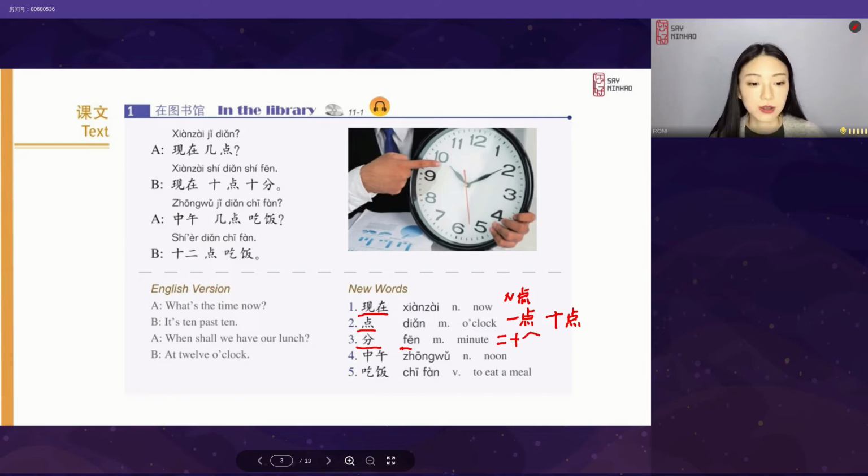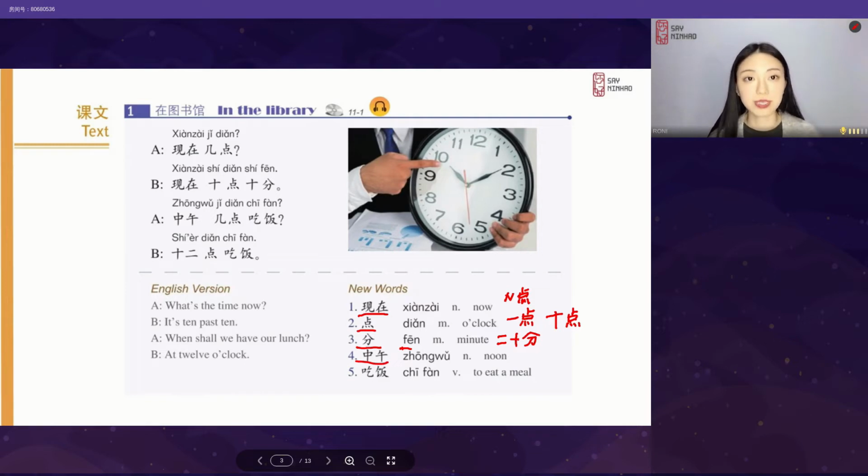So the structure is just the same as 点. You just need to put the number before 分. Okay, this is 几点几分.